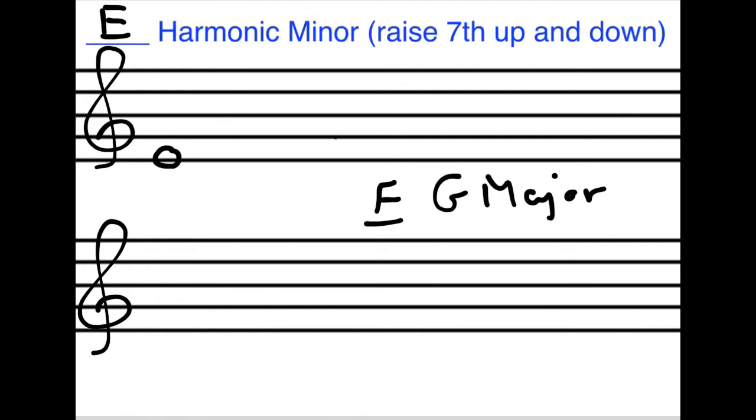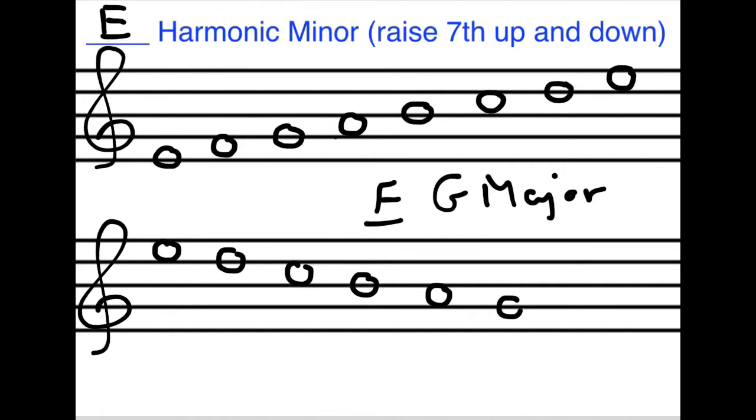And then draw in your scale from E up to E and include every single line and space along the way. There we go. So that's going up from E to E, and also descending, going down.